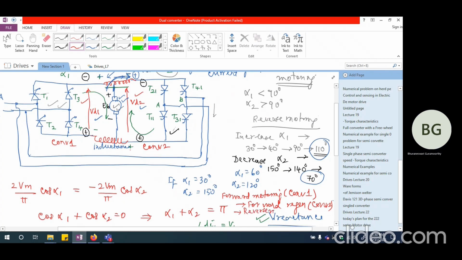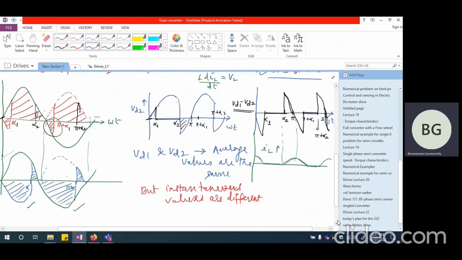So slowly it will migrate from forward motoring using converter 1 to forward regeneration using converter 2, when converter 2 is still working with alpha greater than 90 and converter 1 is working with alpha less than 90. Now eventually alpha 2 would have shifted to less than 90 and then it will go into reverse motoring mode.